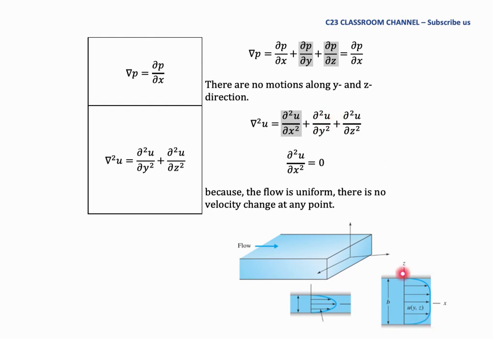Also, if we look at the top view here, the velocity changes along the z direction at the beginning and also at the end. So du dz is not equal to 0. So we take du dx as equal to 0, and we could simplify nabla square u as del square u over del y square plus del square u over del z square.